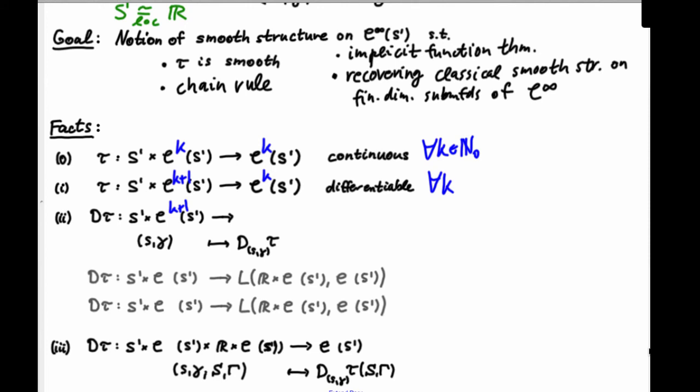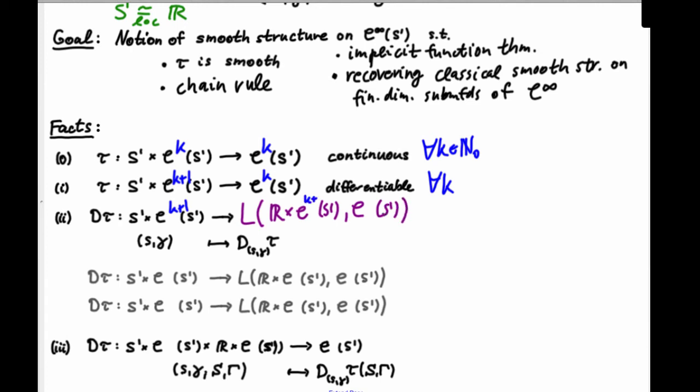So I should get a bounded linear operator. I'm going to write L for bounded linear operators, mapping from the tangent space of this to the tangent space of that. So that's R times C^(k+1) to C^k.